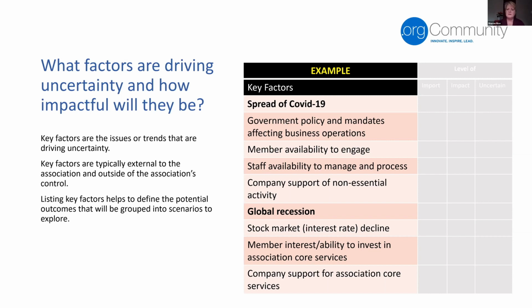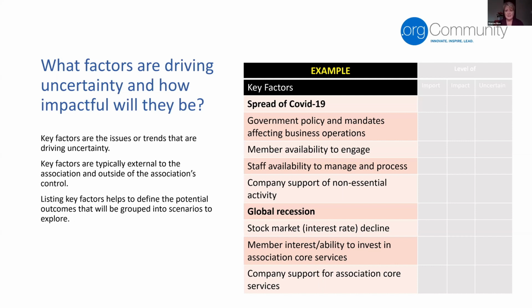Related drivers to the global recession, obviously we've got pretty important stock market indicators that were occurring last week and this week still, interest rates, member interest or ability to invest in association core services. In a traditional, just demand-driven recession like 2008, we would have a possibility that members would want to invest in our core products and services.